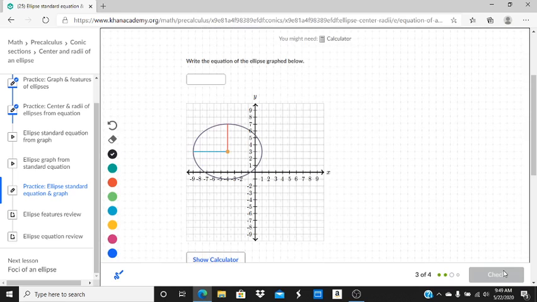Okay, another one. We're writing the equation of the ellipse graphed below. The center is going to be at an x coordinate of negative 4, and the y coordinate is going to be positive 3.